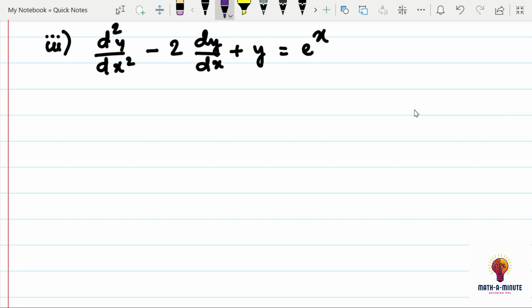Okay. Now pause this video and try to find the general solution for this differential equation. Okay. So to calculate the complementary function, first we have to calculate the auxiliary equation.